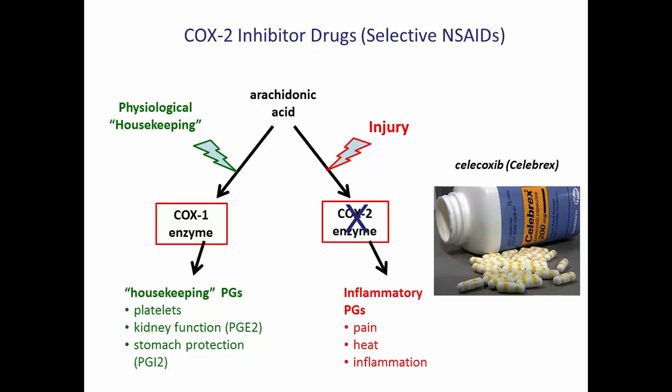Celebrex, which is the current example of this type of drug, they took off the market also voluntarily, so that they could figure out what the underlying issues are. It's now back on the market, but certainly if you are taking COX-2 inhibitor drugs, you should be monitored by a family physician, and the family physician will ask about previous history of cardiovascular disease specifically, because there is an increased risk of heart attack and cardiovascular issues when taking these drugs.